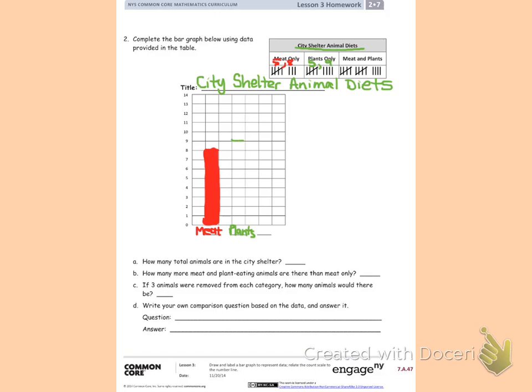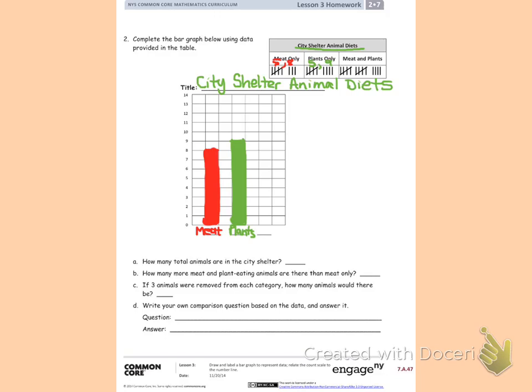I'll draw my line at 9, outline, and then shade. Again, you do not have to use different colors, but I prefer to do it that way.